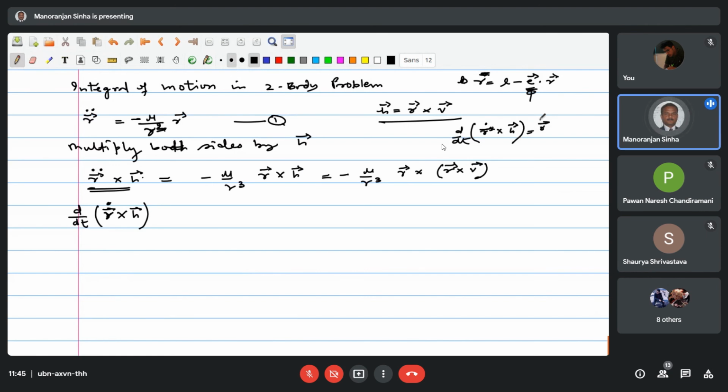it will be r double dot cross h. h is a constant, therefore the other differentiation will be zero. So this quantity gets reduced to this format, and on the right-hand side we have mu by r cube, and we can expand it: r dot v.